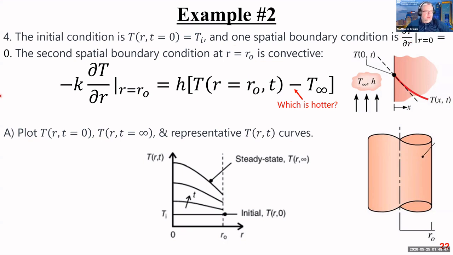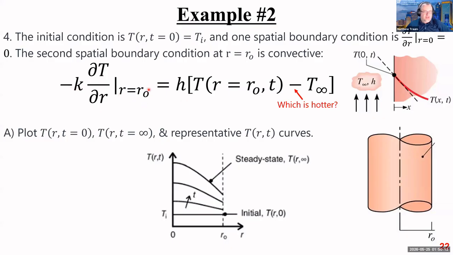Okay, so we've got that boundary condition, and then the second spatial boundary condition is that at r equals r naught, we've got the convective boundary. So out here, where r equals r naught at the outside radius of the wire, we know that we've got convective heat transfer that's pulling heat away at the same rate that it's getting generated and conducted and dissipated.